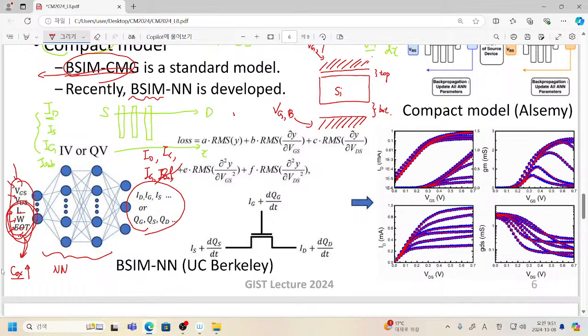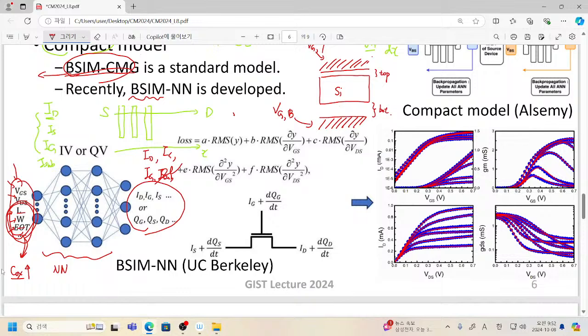If the designer makes a longer and wider device or shorter and narrower device, our BSIM model should support all kinds of layout variation. Also technology can change, so EOT can be increased or decreased, so our model should be able to describe all kinds of these variations in the input parameters.